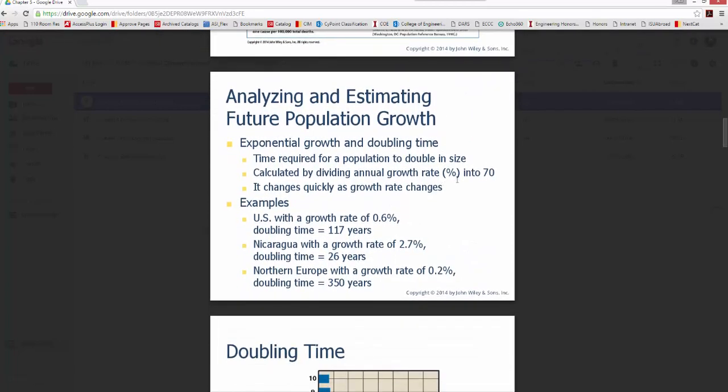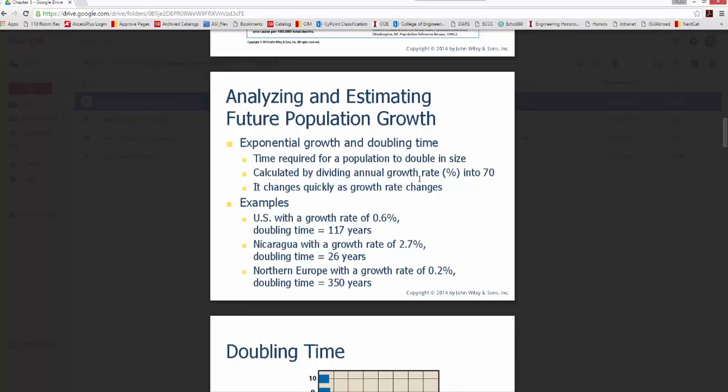So let's talk specifically about the analysis and estimation of future population growth. Now, in the previous chapter, we talked about exponential growth and doubling time, so you should be familiar with that. When we talk about doubling time, we're talking about the time required for a population to double in size. And the way we get that is we take the number 70 and divide it by the annual growth rate.